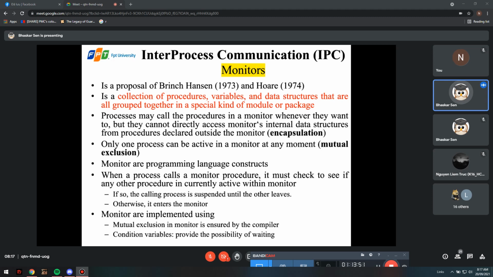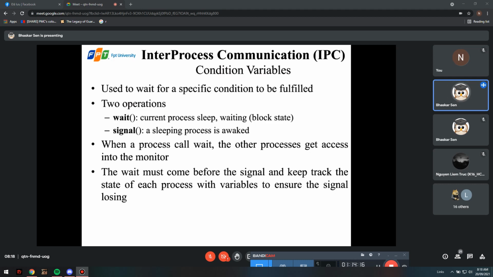In fact, this monitor is a program that is in the hand of the programmer. The programmers can write that particular type of program to ensure that the critical region is checked before a process is allowed to step in. So just look at this picture.